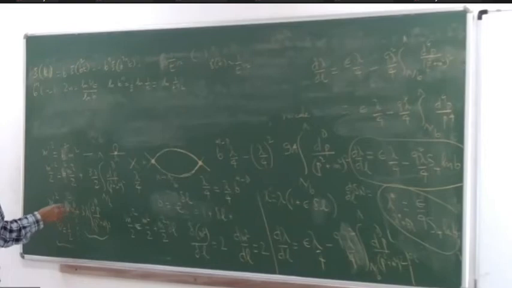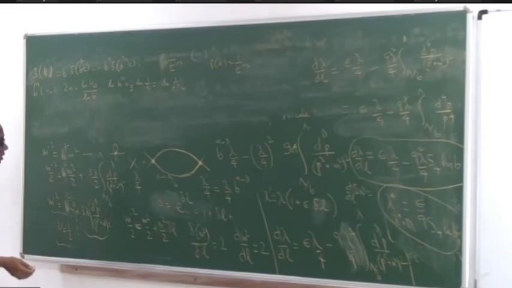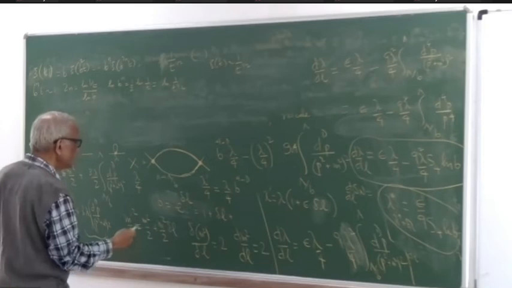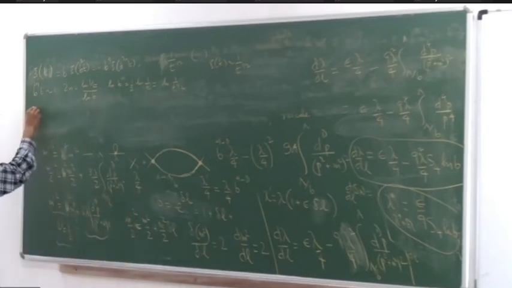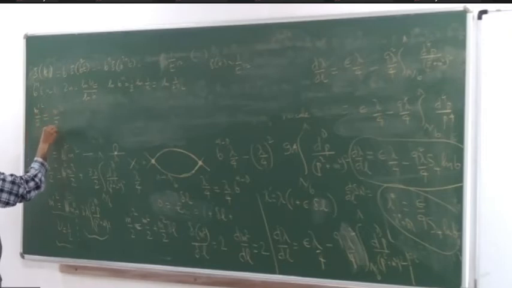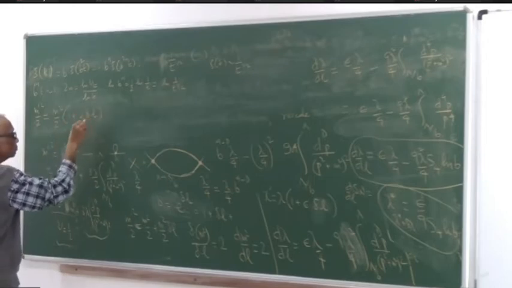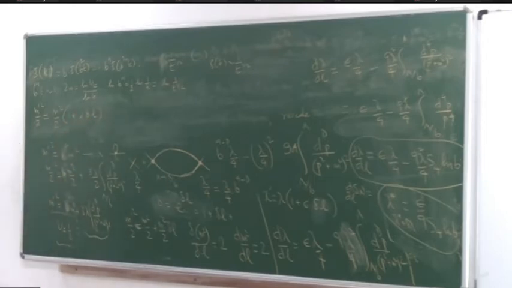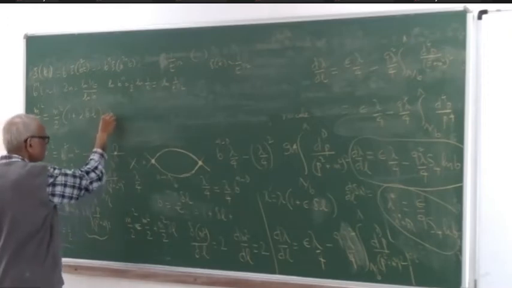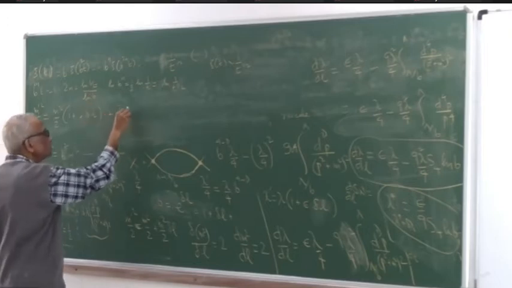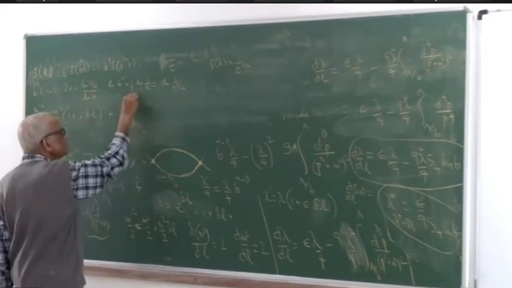So b is e to the power delta L. So m prime square by 2 is equal to m square by 2, 1 plus 2 delta L. And then this is 3 lambda by 2, and then it is from lambda over b to lambda.